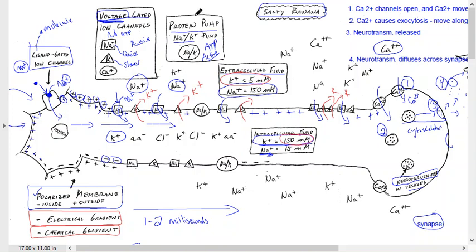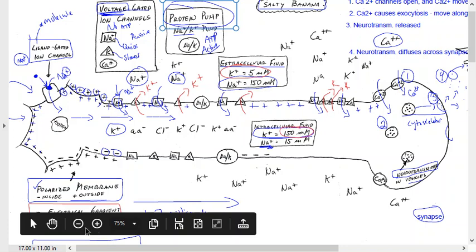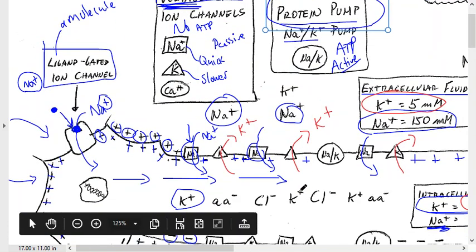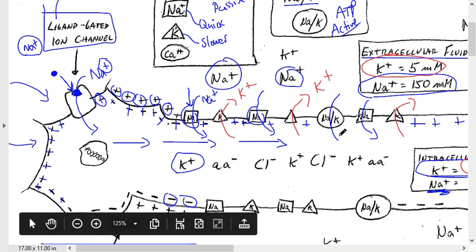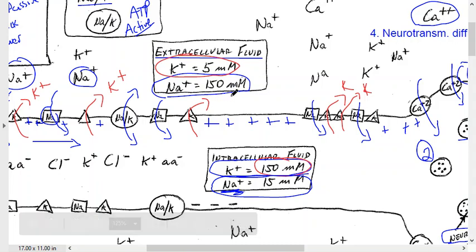And the way we do that, you guessed it, is right here with these protein pumps, these sodium-potassium pumps that are all over the axon, right? So at the very end, all of these pumps are going to restore the original concentration of potassium and sodium inside the cell. So a lot of potassium gets pumped back inside, and all of the sodium gets pumped back outside, and it restores the original baseline concentrations, right?